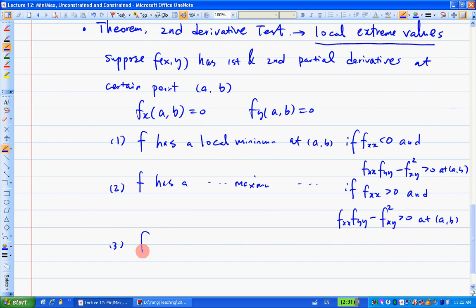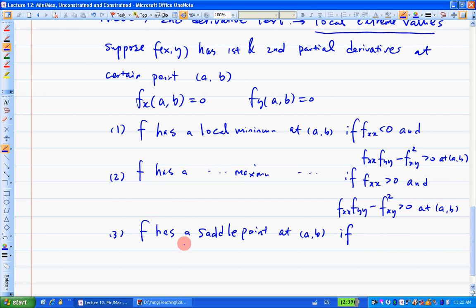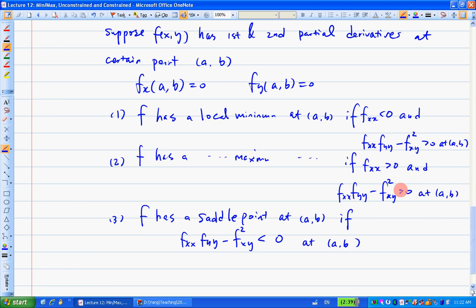Third, f has a saddle point at (a, b) if fxx fyy minus fxy squared is less than 0 at (a, b). So that's the third condition. Only looking at this one here, when it's less than 0, it's going to be a saddle point.